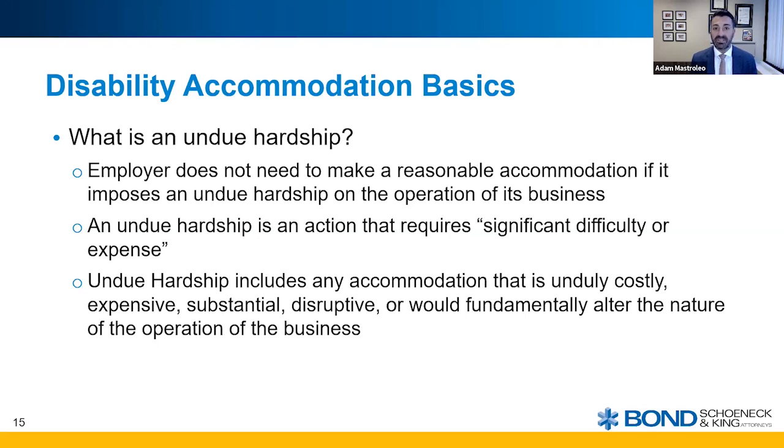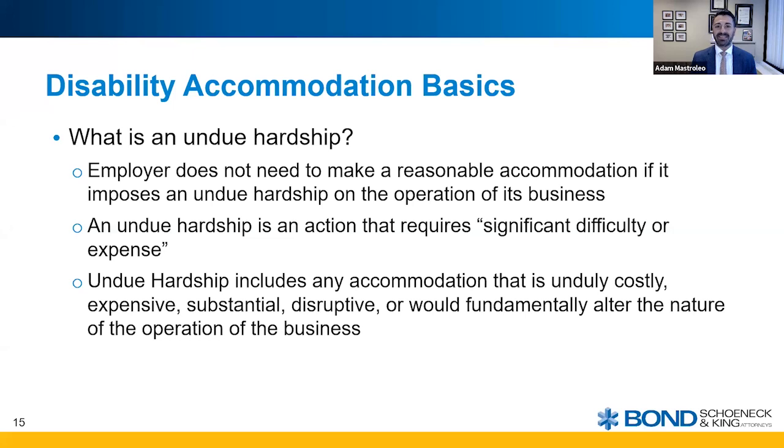The various laws define undue hardship a little differently, but in general, with respect to disabilities, an undue hardship is one that requires significant difficulty or expense, one that is unduly costly, expensive, substantial, disruptive, or would fundamentally alter the nature of the operation of the business.